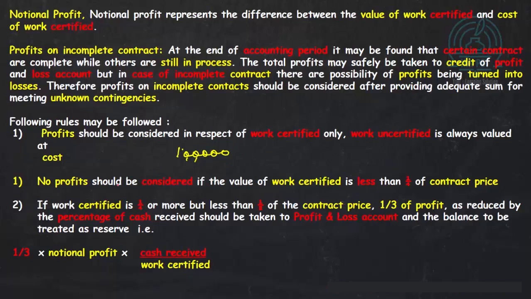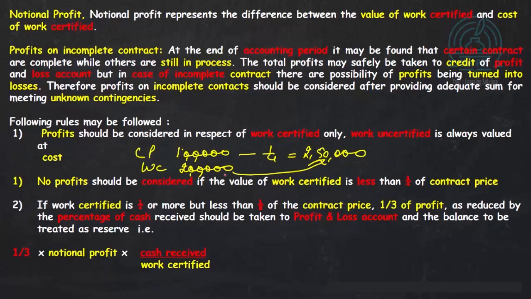Now work certified is, let's say, 2 lakh. So 1/4 of the contract price means 25%, and it comes out to be 2,50,000. If the value of work certified, which is 2 lakh, is less than 1/4 of the contract price, which is 2,50,000, no profit should be transferred to P&L account.